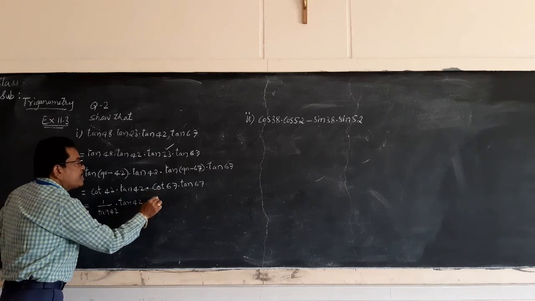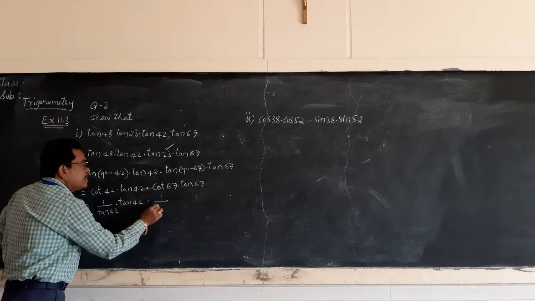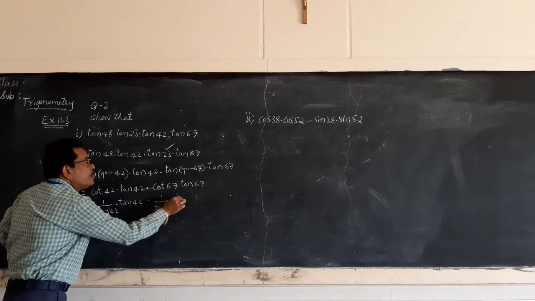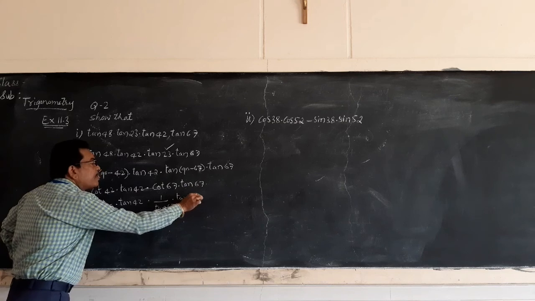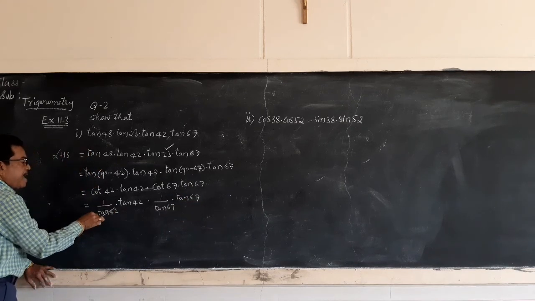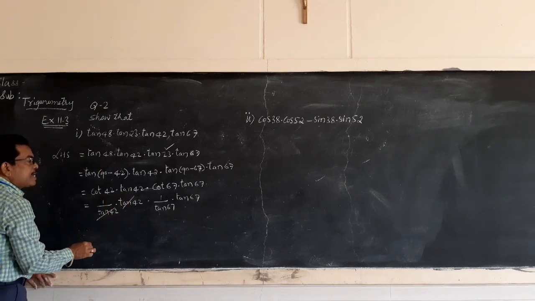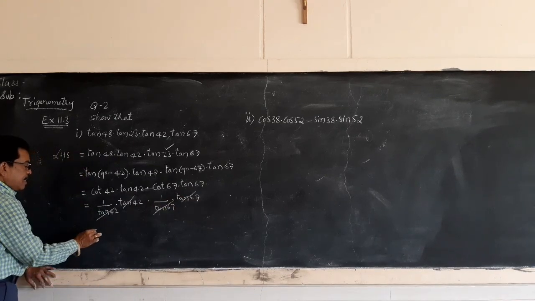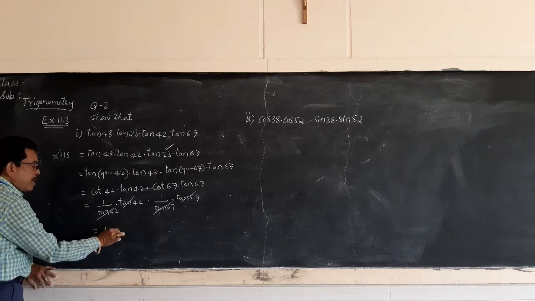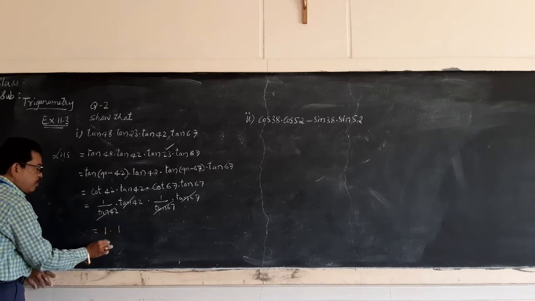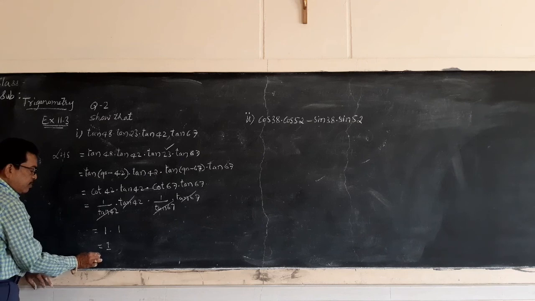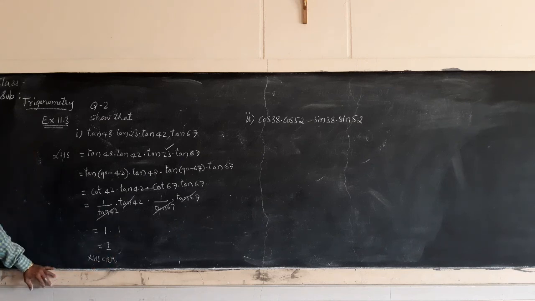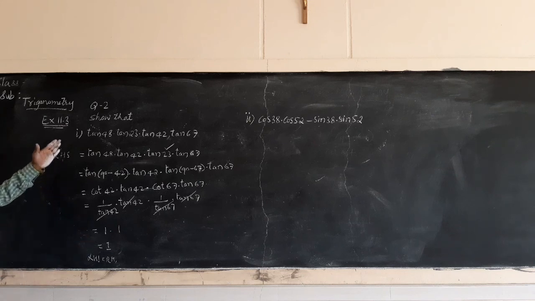Then cot 67 you can write as 1 by tan 67 into tan 67. Okay, tan 42 gets cancelled. Tan 67 gets cancelled. That is 1 into 1. So that is equals to 1. Therefore LHS equals RHS. We got the value as 1.